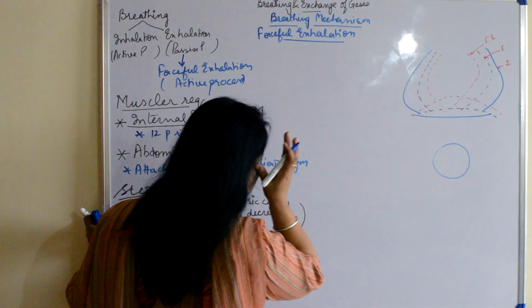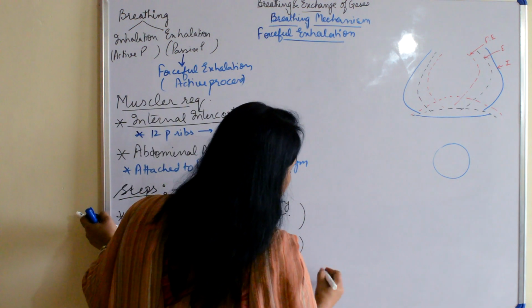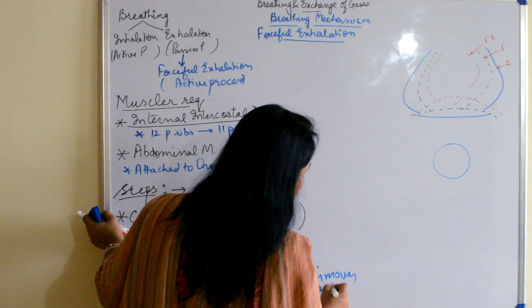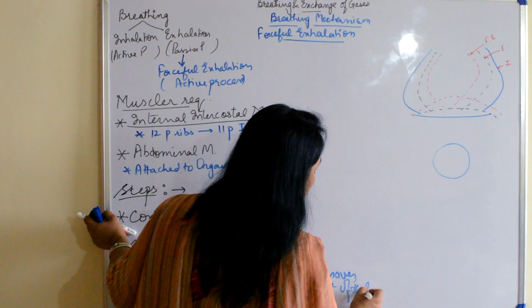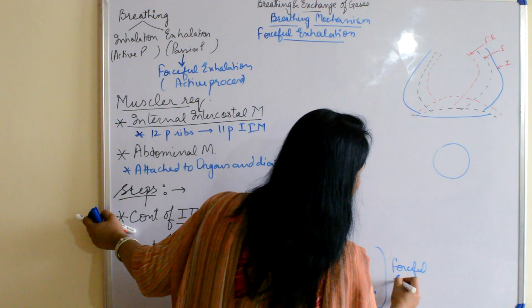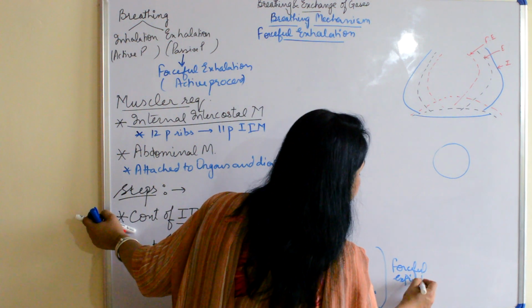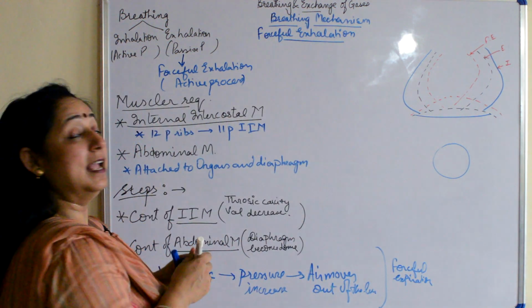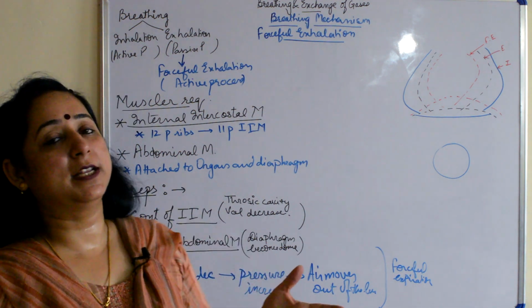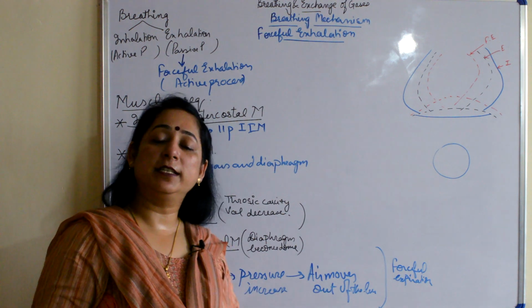So when the pressure increases, the air moves out of the lungs. Now this is forceful expiration.